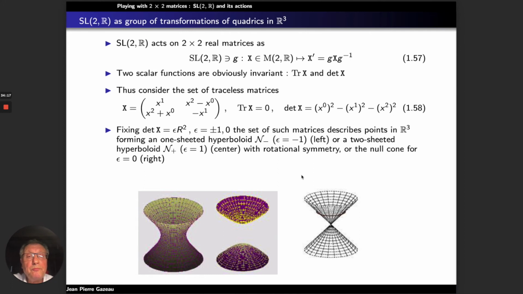There is rotational symmetry, of course, with respect to the axis of those hyperboloids or the null cone.